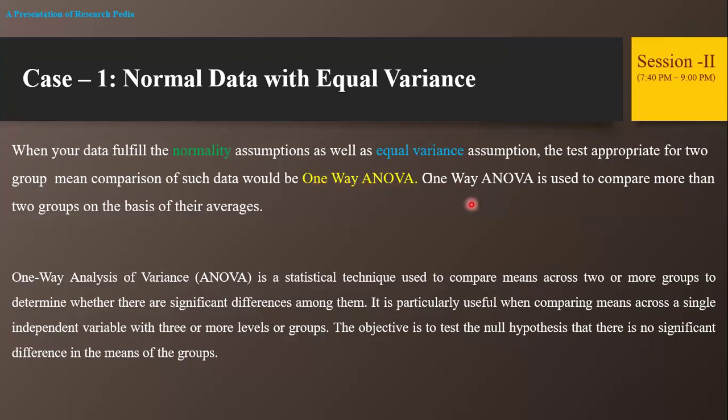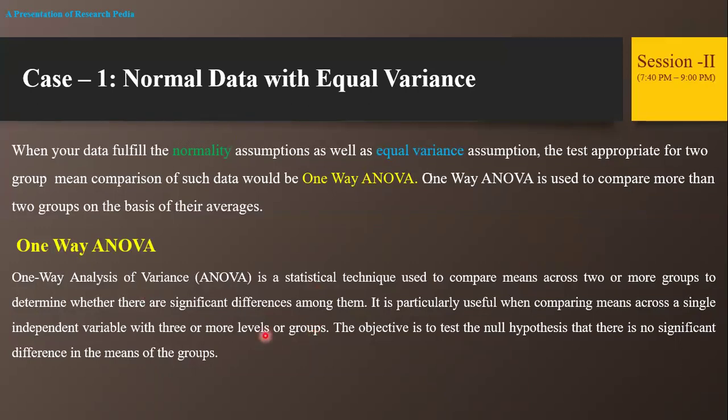One-way ANOVA is used to compare more than two groups on the basis of their average. What is one-way ANOVA? One-way ANOVA is an analysis of variance, a statistical technique used to compare means across two or more groups to determine whether there are significant differences among them. It is particularly useful when comparing means across a single independent variable with three or more levels or groups.